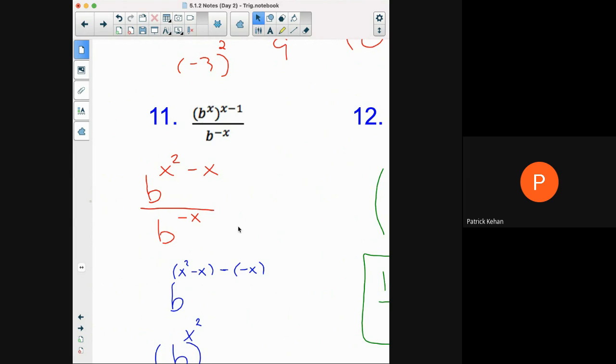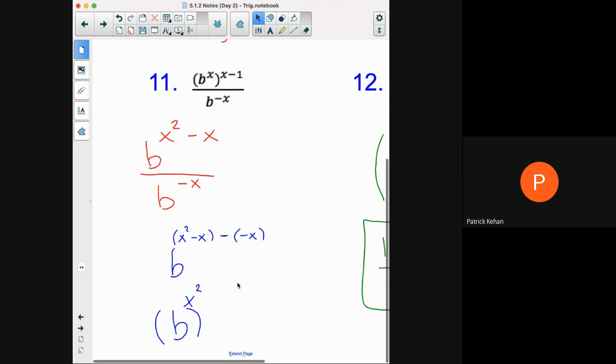At this point, it's just a matter of combining like terms, if possible, right? So this is really going to be x squared and then minus x plus x, which is just 0. So now we have b to the x squared. And you can express it this way, or you can just literally express it as b to the x squared. It looks kind of funny, but that's how it plays out.